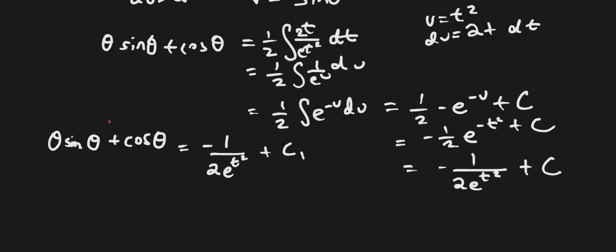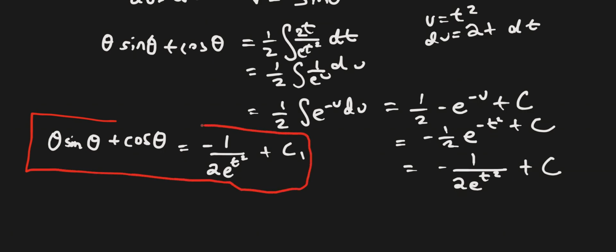So let me just say this is our solution. It's not required that you always write one variable on one side equal to an expression with the other variables. You don't have to do that. So this is something that you can leave as it is.